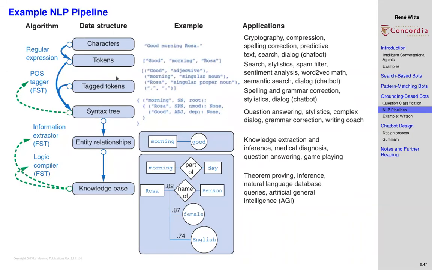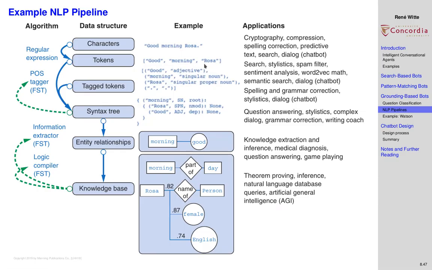Then a step that's often done is finding out what kind of word it is. Is it an adjective? Is it a noun? Is it a verb? And this helps, for example, when we later want to identify the subject in a sentence. For example, we would need the subject to search for it in a SPARQL query.